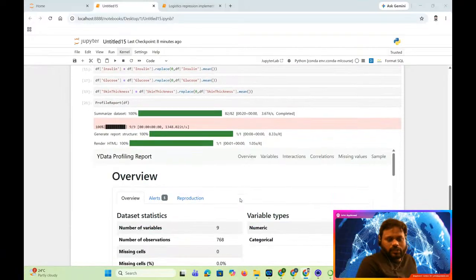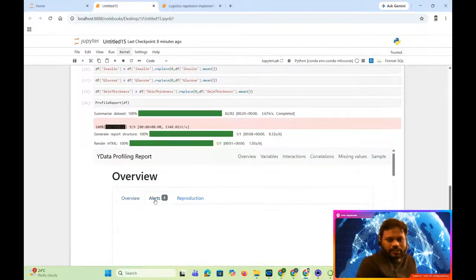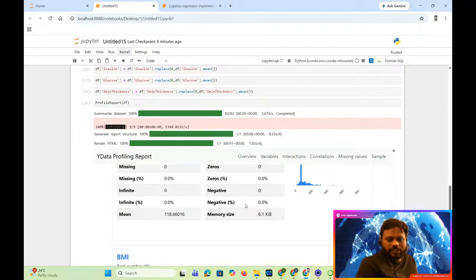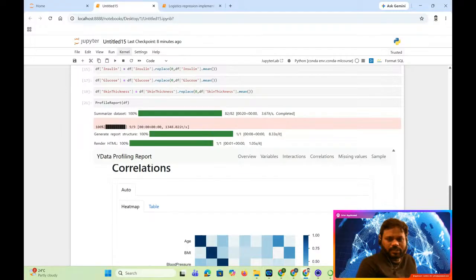Okay, now you can see all the alerts, high correlation, and these things you can see, just like the previous.